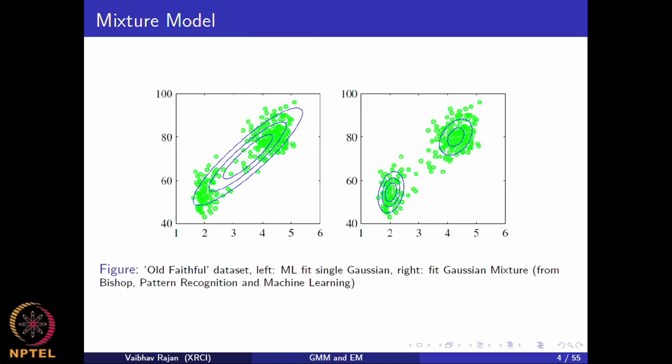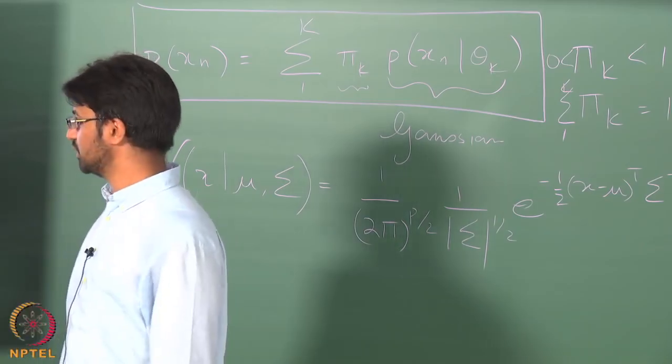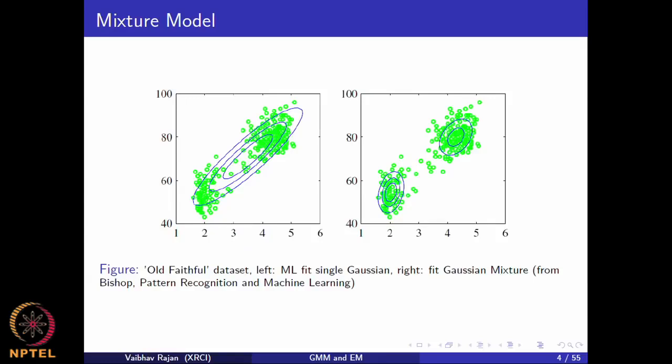So, why do we need these mixtures? Why do we need these superpositions of densities? Here is an example from Bishop's book. It is a very well known data set, the Old Faithful data set. On the left, we have plotted the data set in green points, it is a 2-dimensional data set, and when we try to fit a Gaussian, this is what you get. Now, visually it clearly looks not okay, because the Gaussian is most dense around the mean, but when you see the data, it does not look like the data is most dense around the mean, right.